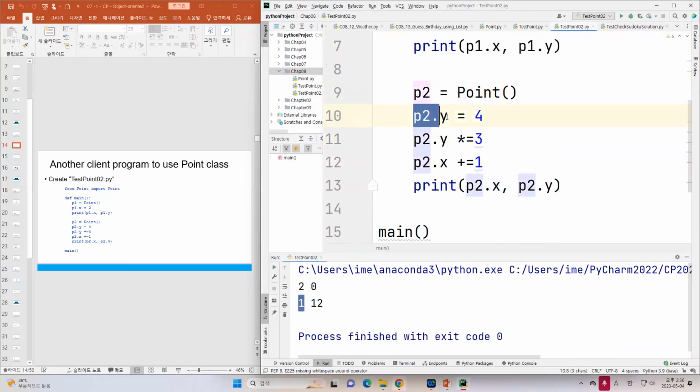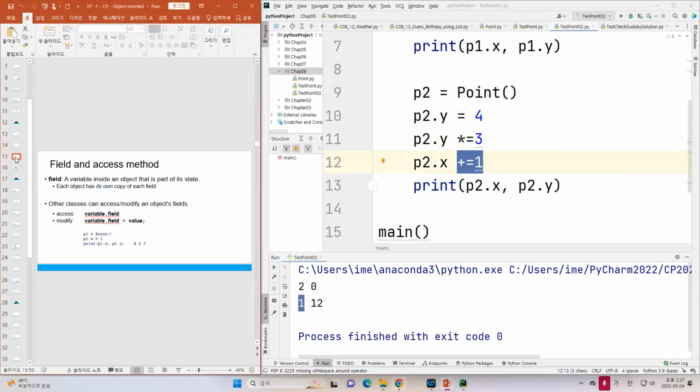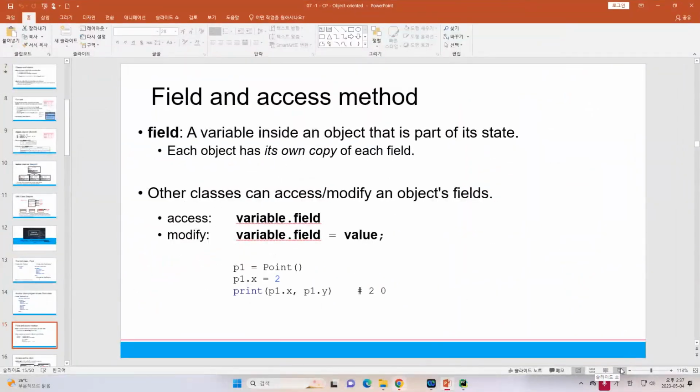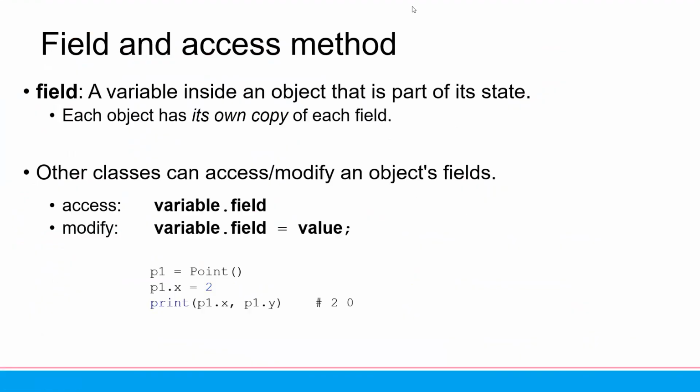So for the object with the variable, we can also perform the operation, like what we did on the variable. So the explanation is like this one. We call it field or we call it data members. It is a variable inside an object that is part of its state.